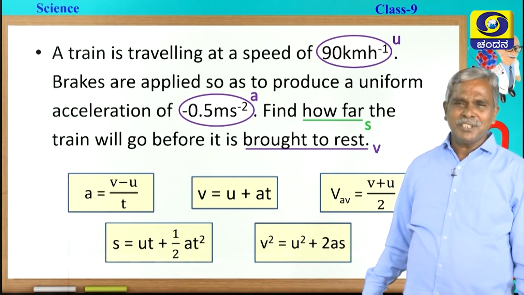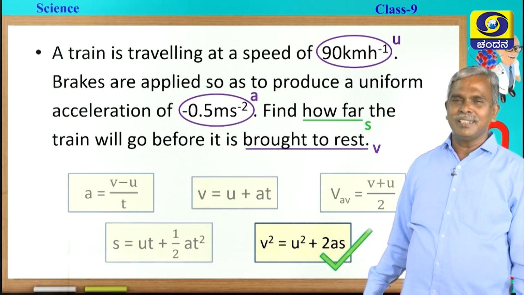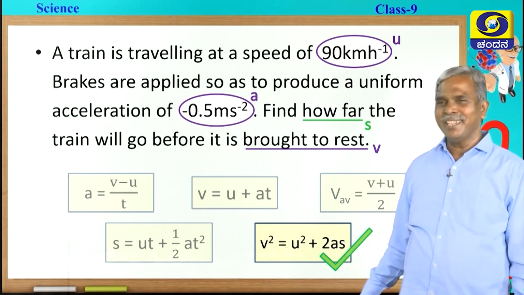So, which equation should you use to find the value of s? v is there, u is there, a is there, definitely we must make use of v squared is equal to u squared plus 2as.